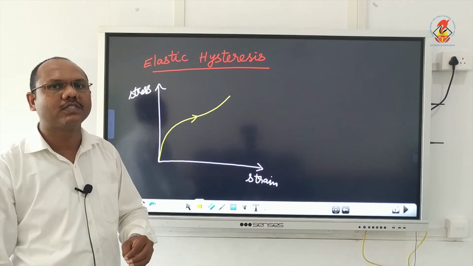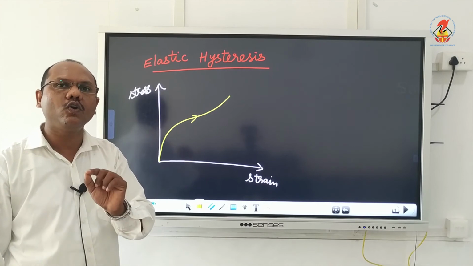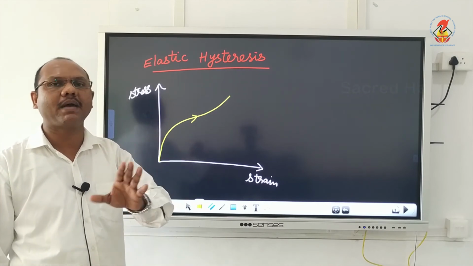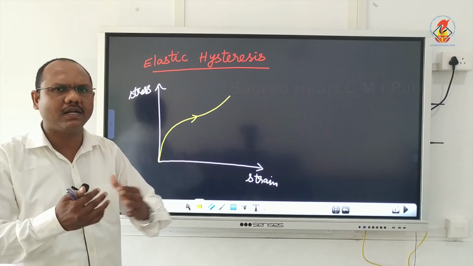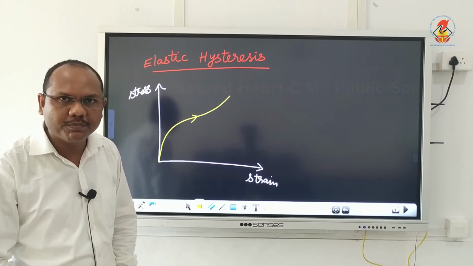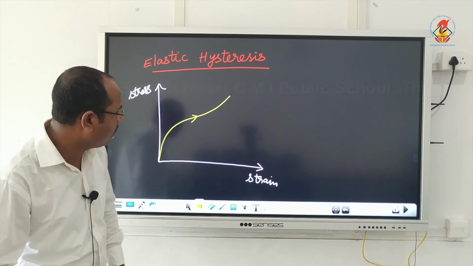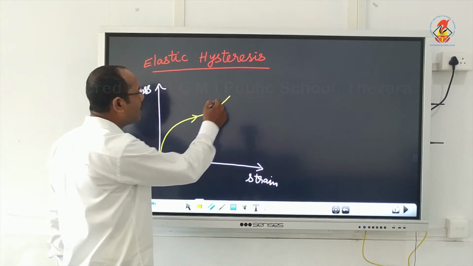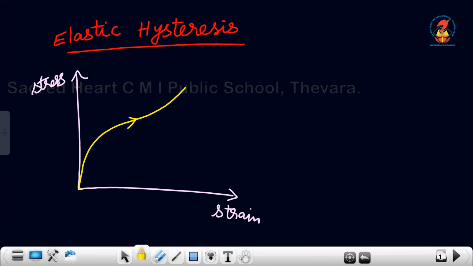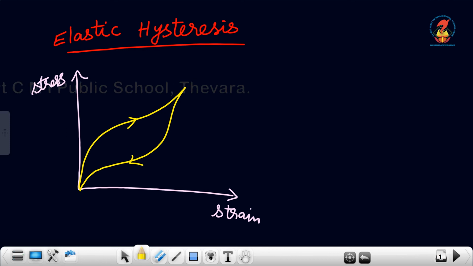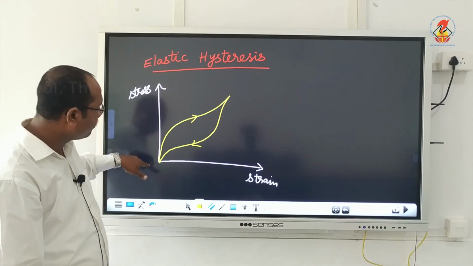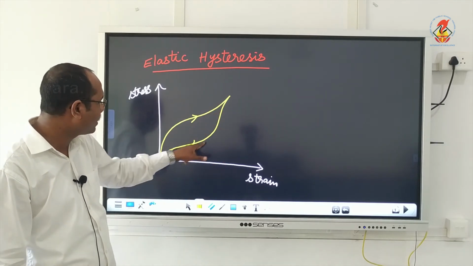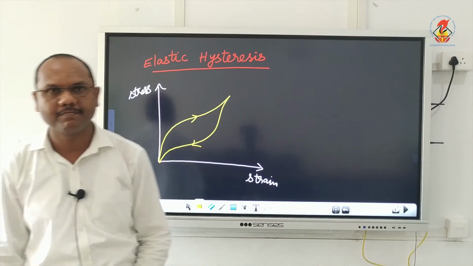It will come back to the original position, but not in the same manner, not in the same pattern, which means when I draw the graph for the compression, the graph will not retrace the same path. Instead, the graph will retrace another path like this. This is for stretching, and when I release the stress, it will come back along a path like this.